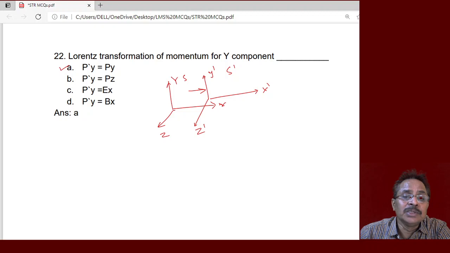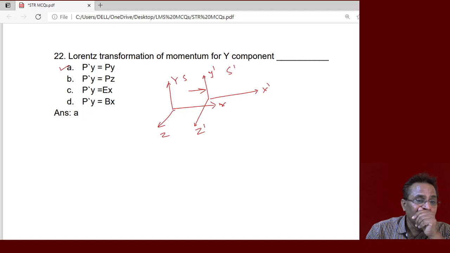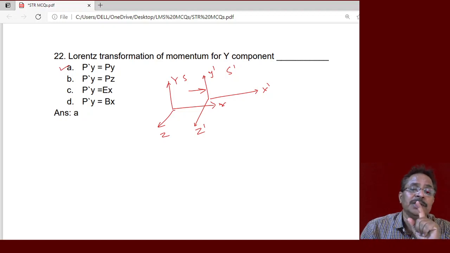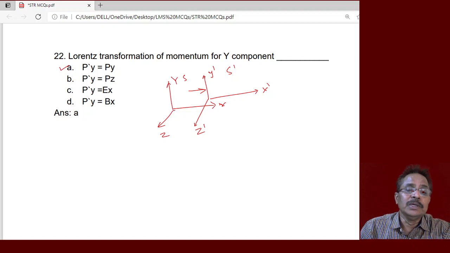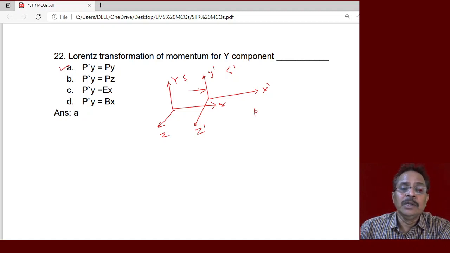Therefore the momentum measured in both the Y and Z directions must be the same. That's why P dash Y must be equal to Py. P dash Y means the momentum measured in the Y direction in the frame S prime. Py is the momentum measured in the Y direction in the frame S. So that is how this factor gives you the same correction here. And here the momentum measured as P dash X and P dash Y may not be the same.